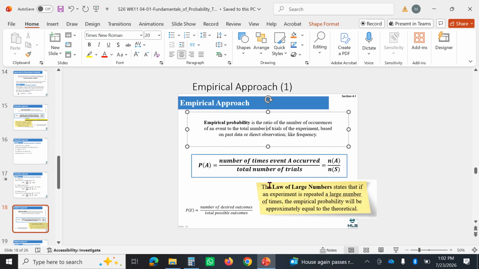Look at this one. If I'm flipping a coin, heads and tails, the sample space is 2. If I want a head, 1 divided by 2, there's a 50% chance of flipping a head. And remember the complement probability, there's a 50% chance of a tail.